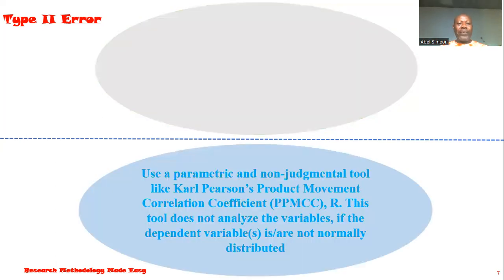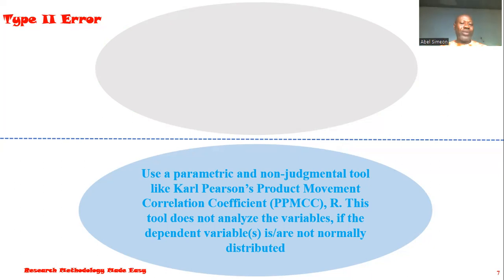And now, if you use a parametric and non-judgmental tool like Karl Pearson's product moment correlation coefficient, PPMCC, this tool does not analyze the variables if the dependent variable is not normally distributed.